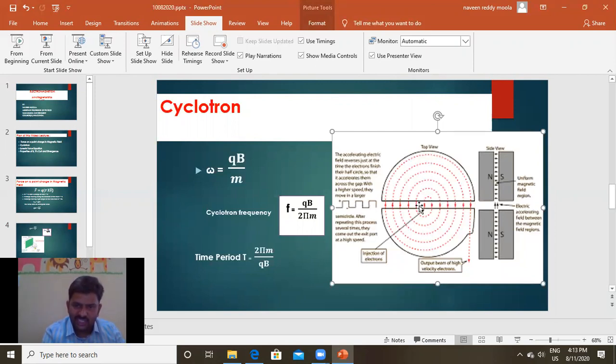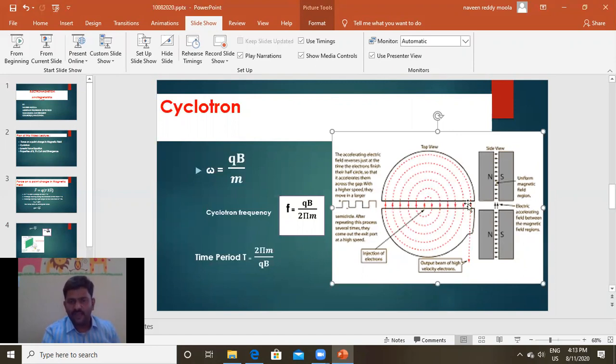At each rotation, we increase the acceleration of the charged particle between these two Ds. If we accelerate it, its velocity will increase. If the velocity increases, what happens? The radius increases, as we saw.